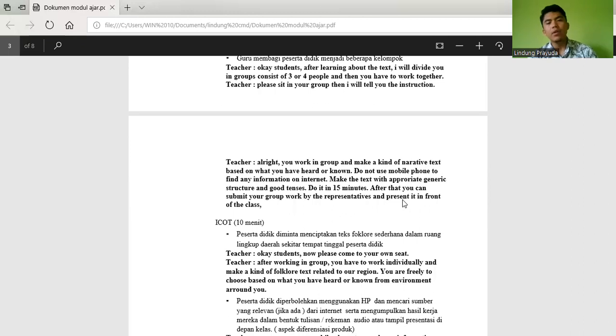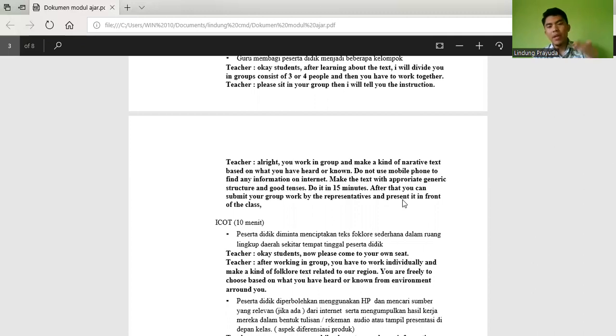For example, the teacher's utterances: students, please come to your own seat. After working in groups, you have to work individually and make a kind of folklore text related to our region. You are free to choose based on what you have heard or known from the environment around you. They are free to choose the kind of story.